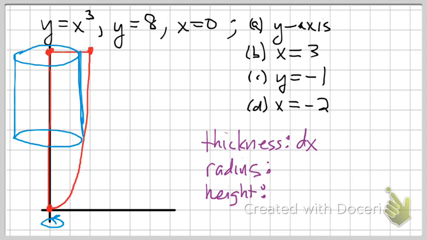So that's what the shell that I drew the little blue line for would look like. That's what the shell in that particular case would look like. So the radius, that's got to go from the center to the outer wall of the shell, right? So what is your radius there?